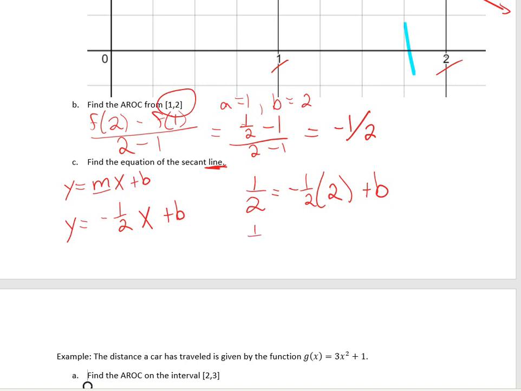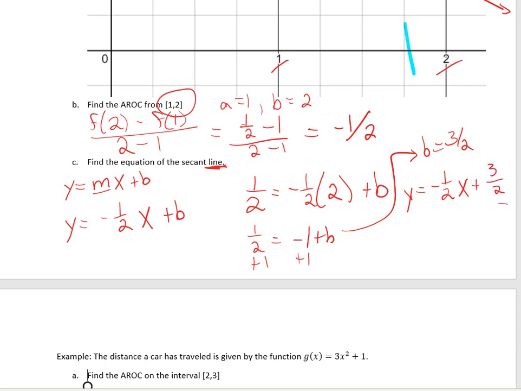So I'm going to get 1 half equals negative 1 plus b. If I add 1 to both sides, I'm going to get b equals 3 halves. So my equation for my secant line is going to be y equals negative 1 half x plus 3 halves.